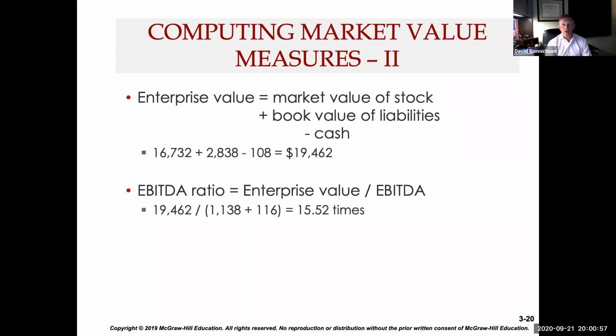The quick and dirty: we look at the EBITDA ratio or the multiple, okay, where we take the enterprise value and we divide it by EBITDA for the given year, and we get 15.52.